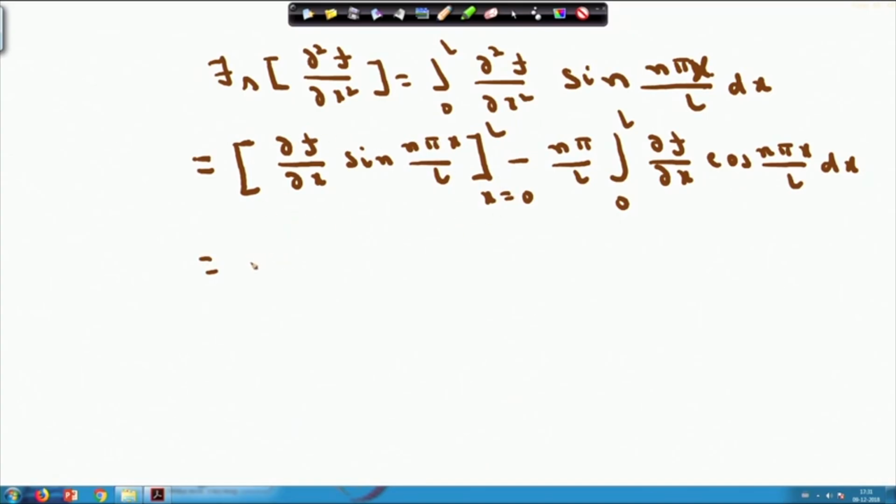So this part will be minus nπ/L, and again I use integration by parts.